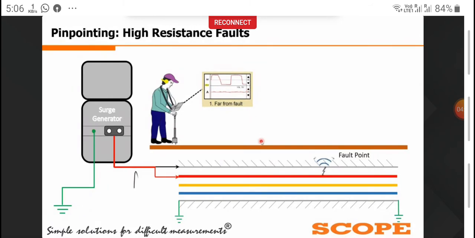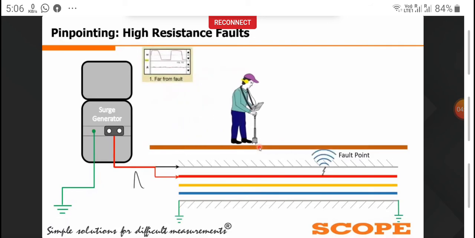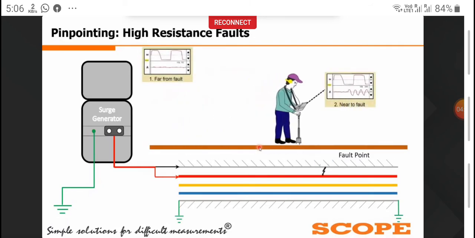Taking the pinpointing sensor, we need to move forward on the cable until the acoustic channel receives some signals from the fault point.